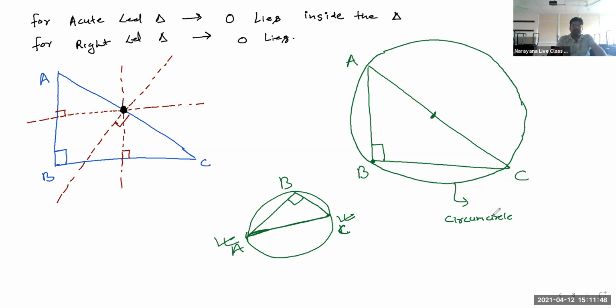And since AC is the diameter, the midpoint of AC will be the center of the circle, which is O. Got it or not? And O is the circumcenter. Hence, for a right angled triangle, O lies on the triangle, and that is the midpoint of the hypotenuse. Got it? Okay.